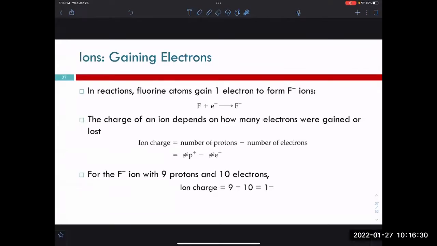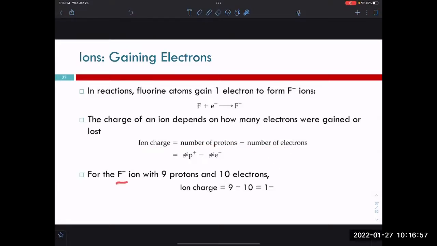Fluorine atoms will gain electrons. So we have fluorine, and we give it an electron from its neutral form. We get fluorine with a 1- charge. So again, the charge of the ion depends on how many electrons were gained or lost. So our ion charge is still the number of protons minus the number of electrons.